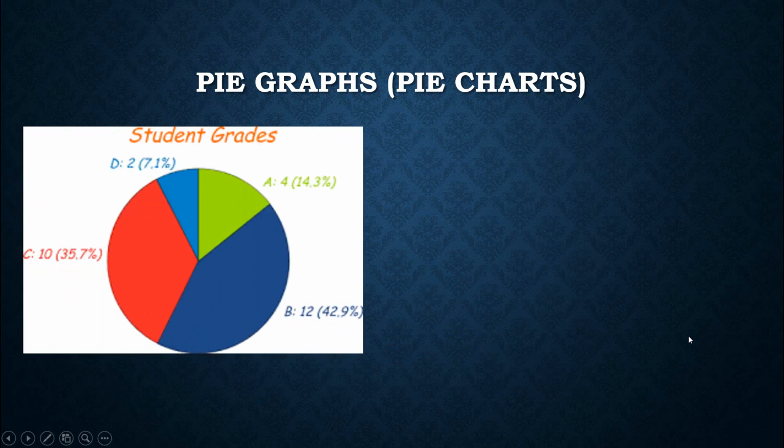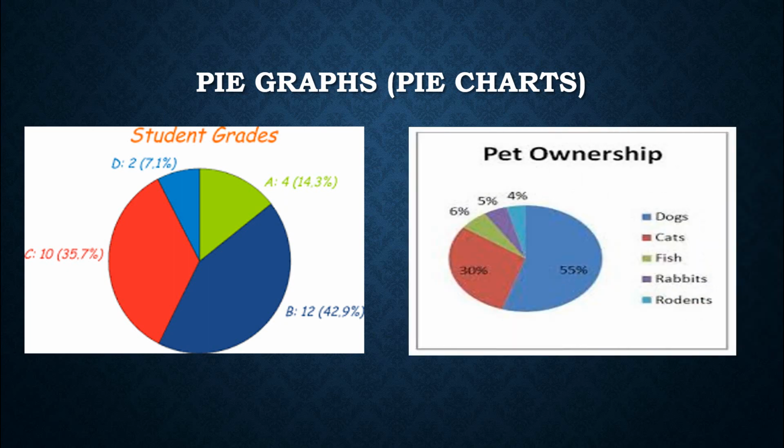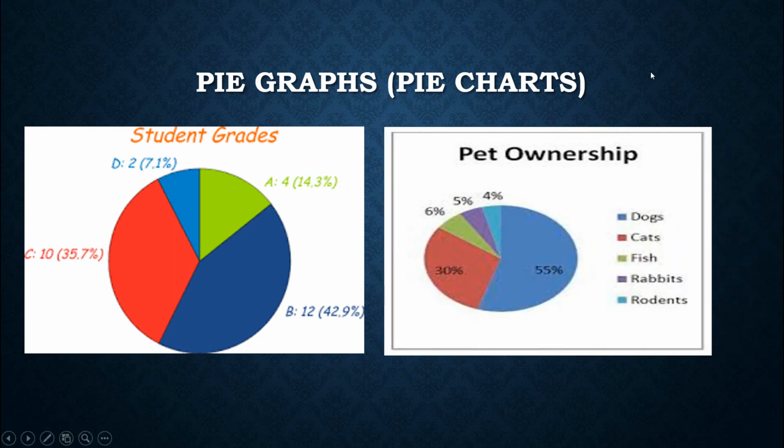Both percentages and frequencies can be taken into account. You can notice that here 2 or 7.1% of the students received a D, 4 or 14.3% received an A. So again, we can accommodate both frequencies and percentages with pie graphs or pie charts. Same thing with pet ownership, which is a chart I like.